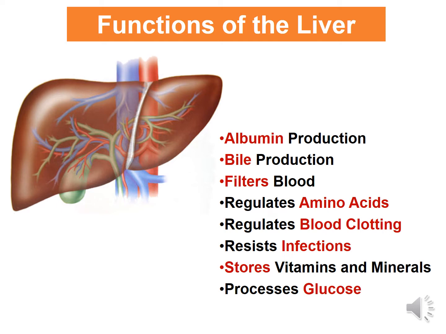The liver is a storage site for significant amounts of vitamins A, D, E, K and B12, as well as iron and copper minerals, and it processes glucose. The liver removes excess glucose or other sugar from the bloodstream and stores it as glycogen. As needed, it can convert glycogen back into glucose.